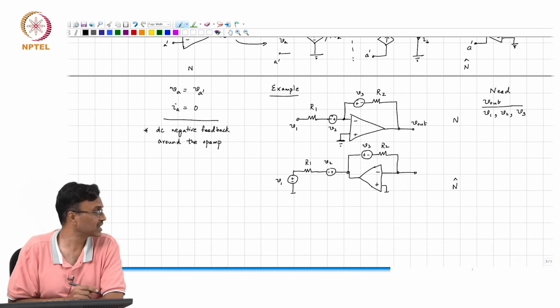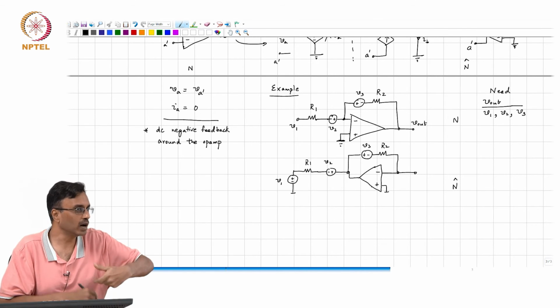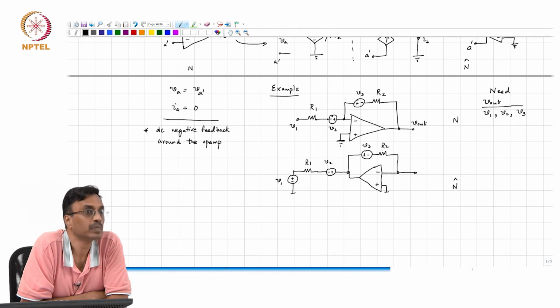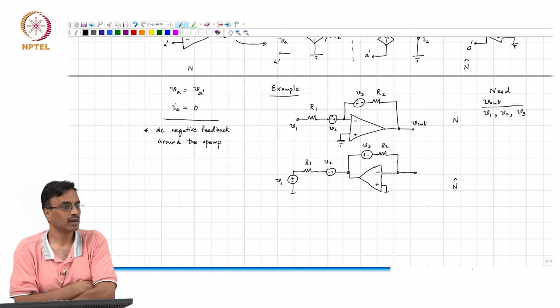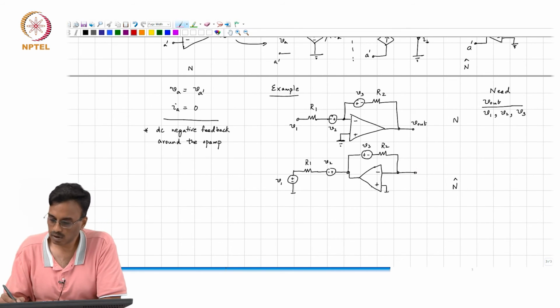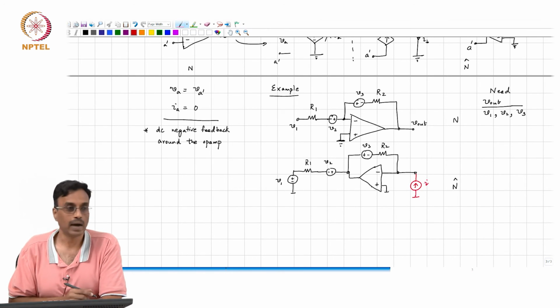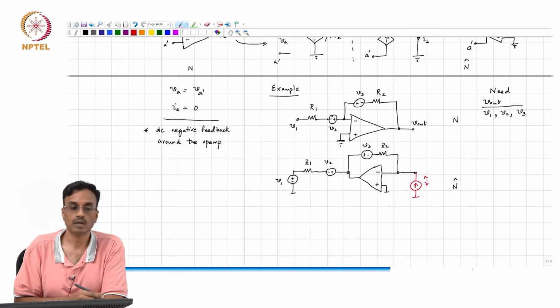The voltage transfer functions in the original network now become current transfer functions in the reciprocal, or the inter-reciprocal, network. So, what do you suggest that I do? Excite it with a current source I, or let me call that I hat.